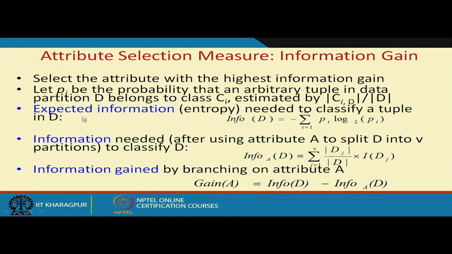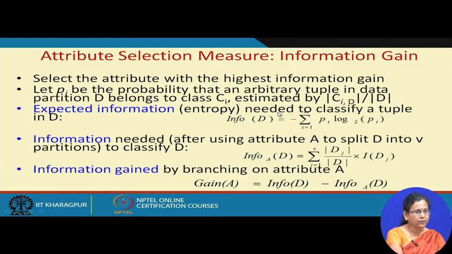This information gain is calculated in this manner. First of all, you have to find out the expected entropy needed to classify a tuple in the entire data set D. Then you find out the information content of D. This is a standard formula for the information content, or expected information, or entropy.